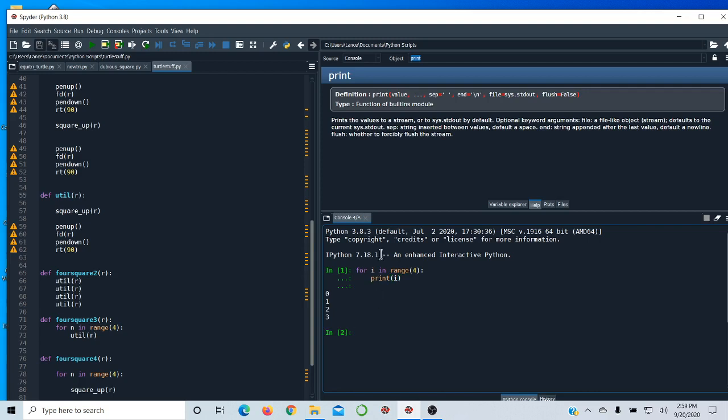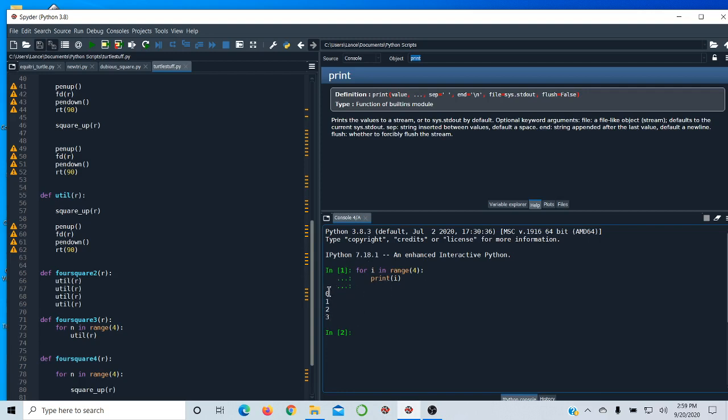Okay, so first i was 0 and it got printed, and then we went to the top of the loop and it got incremented to 1, and then it came around and printed it, and then 2, and then 3.